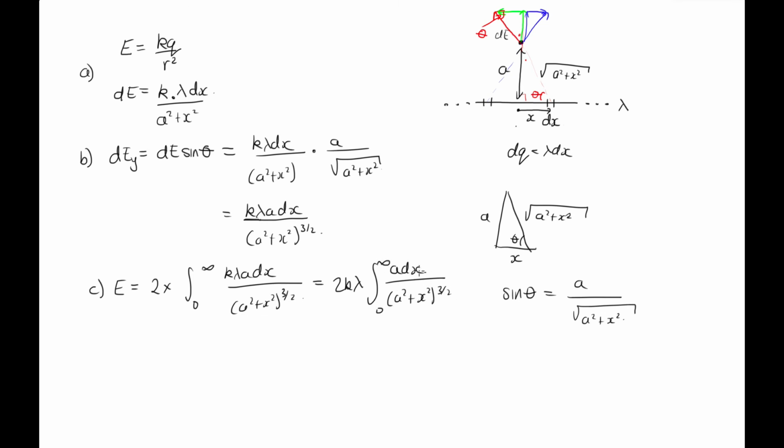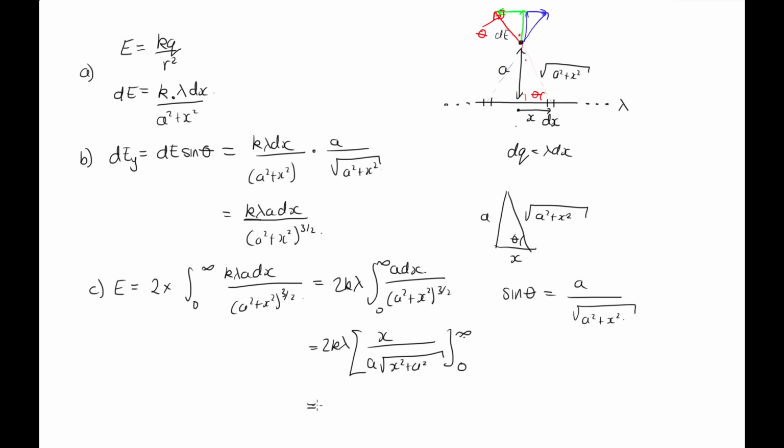Now this is just a standard integral which is on the formula sheet for this course. So looking at that, we can see we can write it as x over a root x squared plus a squared, and we're going from 0 to infinity.